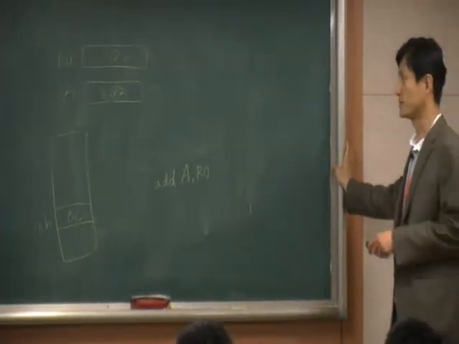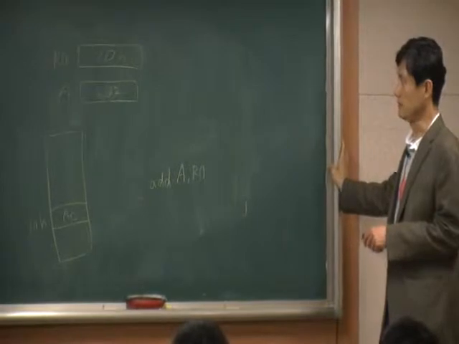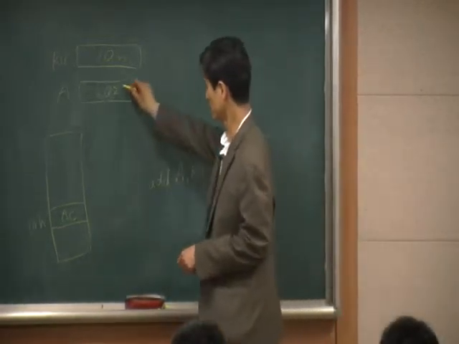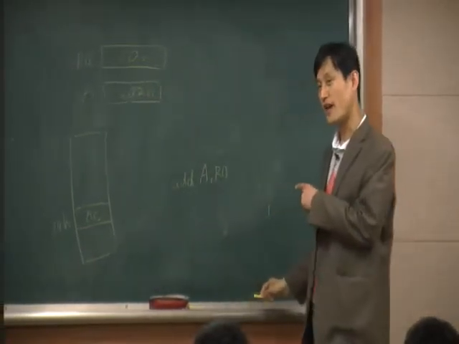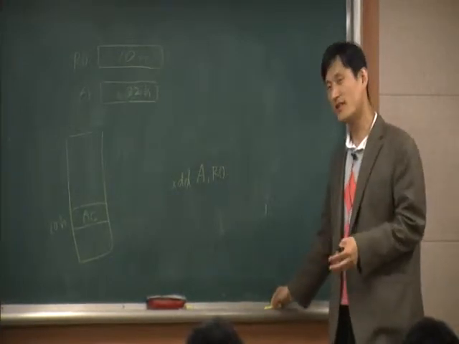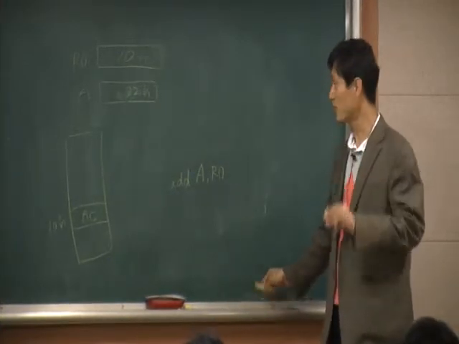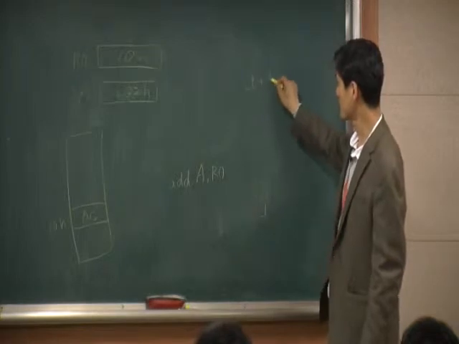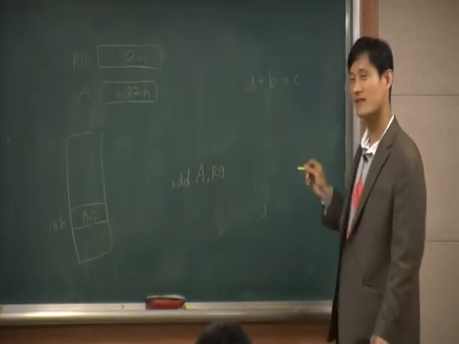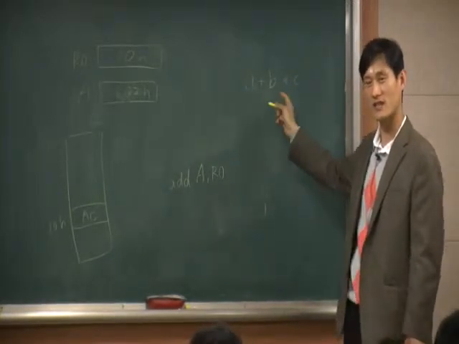What would be the outcome? You mean the addition, right? Addition generally needs 3 values because you want to do A plus B, that becomes C, right? Generally addition is like this.